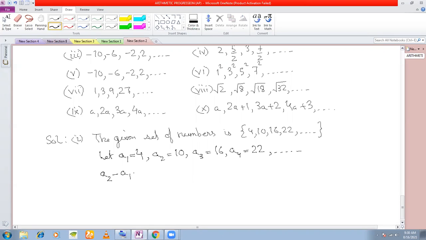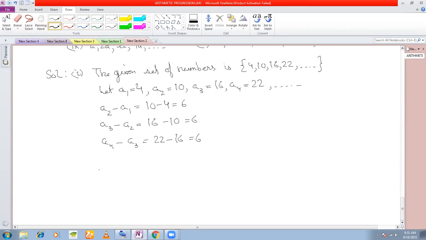A2 minus A1 is how much? 10 minus 4 is equal to 6. A3 minus A2. 16 minus 10, which is also equal to 6. A4 minus A3. 22 minus 16, which is equal to 6. So all the differences that you see are equal to 6.